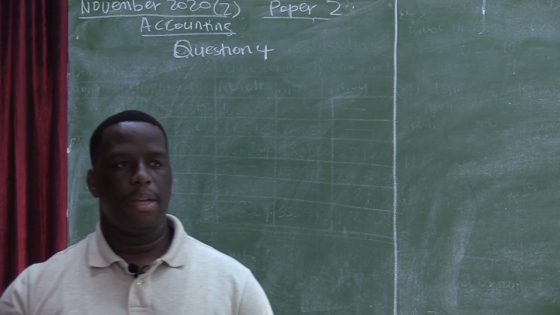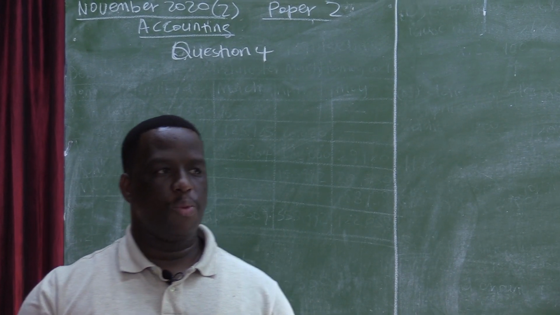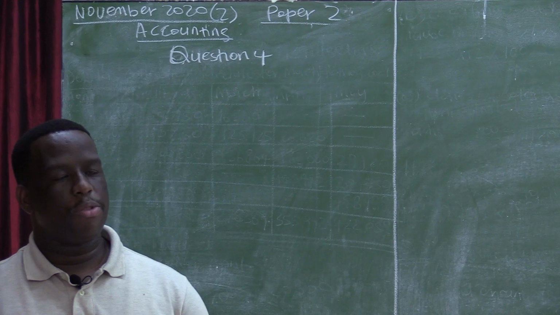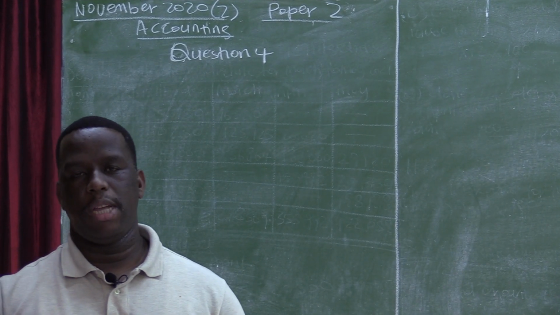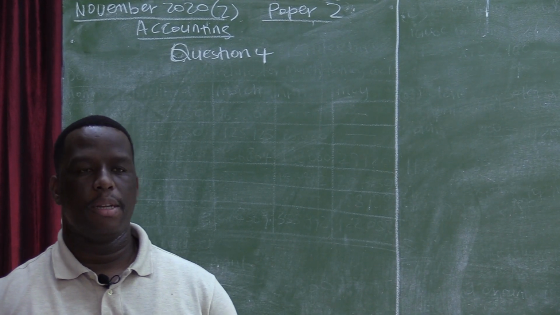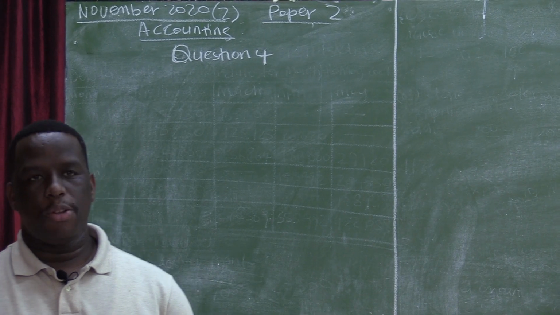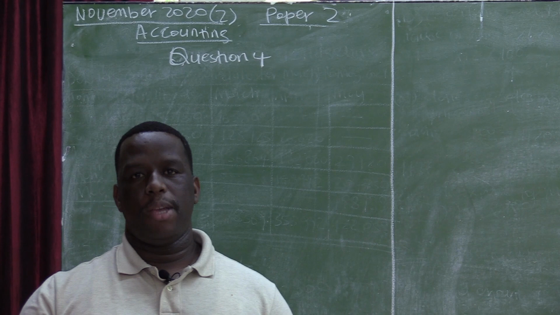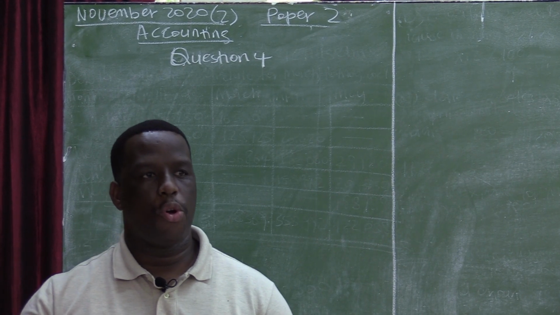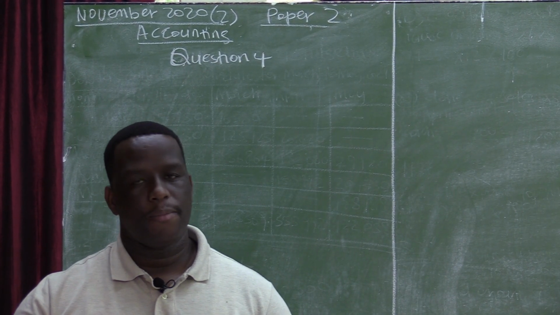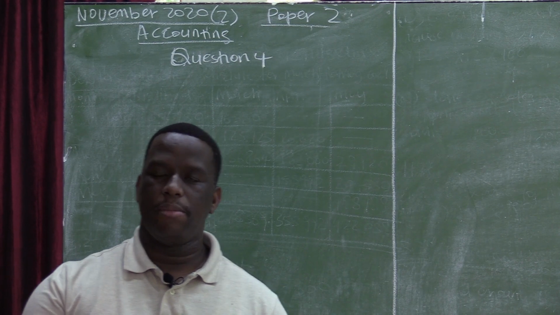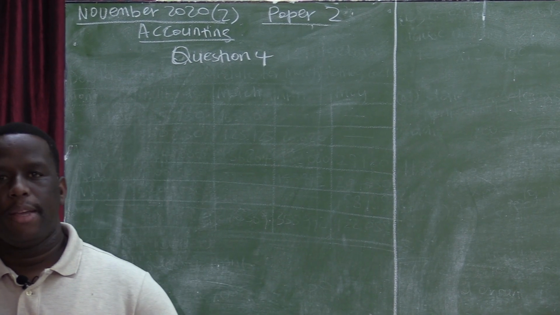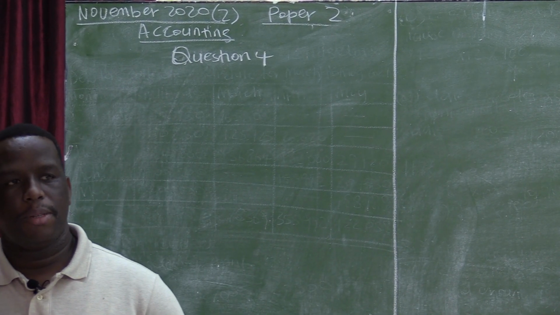Stock valuation. I hope you still remember that we have about 3 stock valuation methods. There is the weighted average method, the FIFO method, and also specific identification. And we also have 2 stock control systems, the perpetual system and the periodic system.